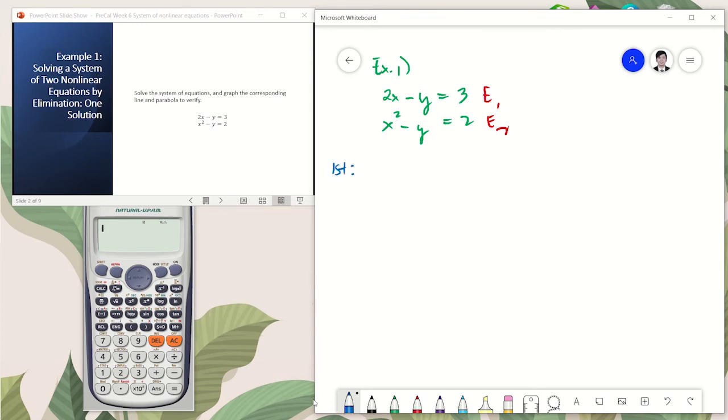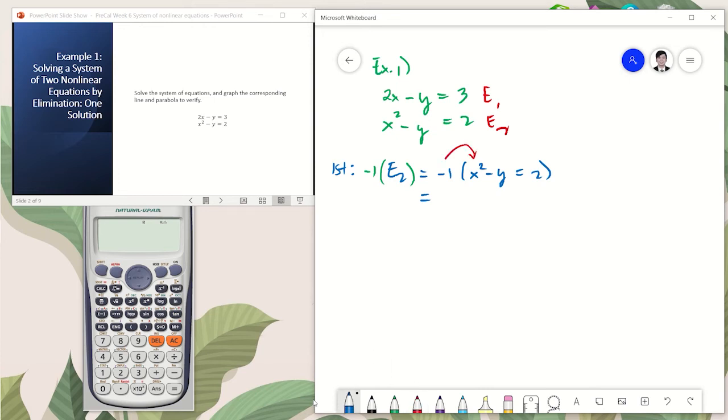We're gonna make sure that one of the y will become positive. So you choose either of the two. It's up to you which one. But on my end, I would like to change equation 2 and multiply it with negative 1. So it would turn out like negative 1 times the quantity of x squared minus y is equal to 2. So you just distribute.